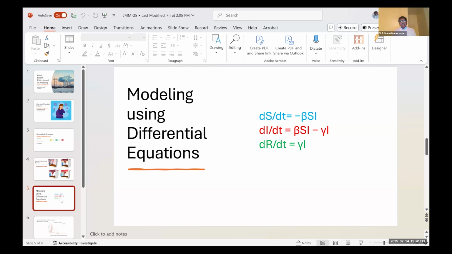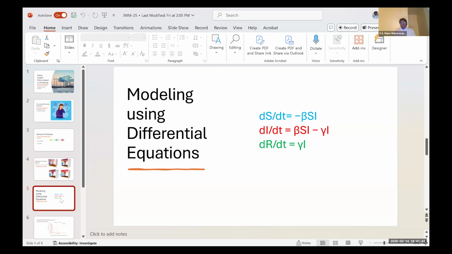That's for the rate of infection. The question is, how does the number of infected people change? The people who were infected in the susceptible compartment are going to move into the compartment I, so that's going to be beta S I. Then are they going to stay there forever? The answer is no, because some of them are going to get better and move out of that compartment.